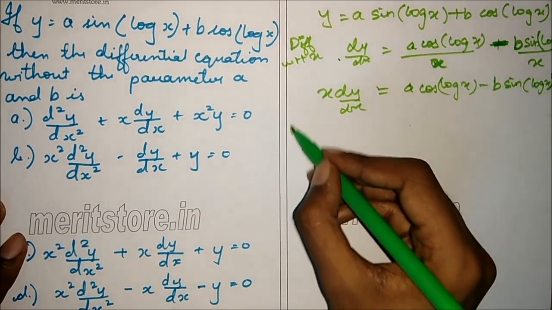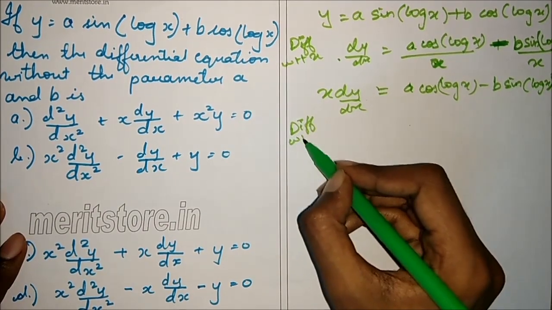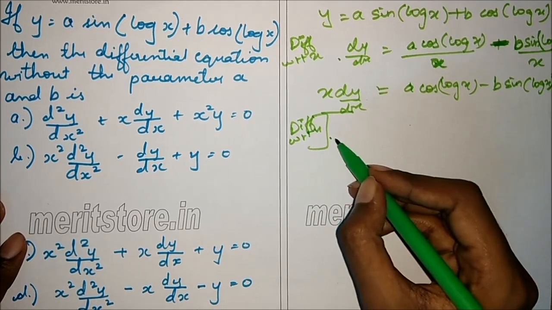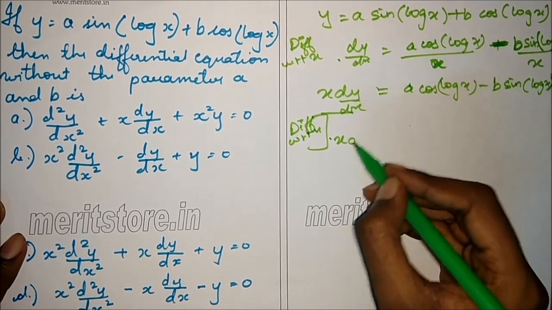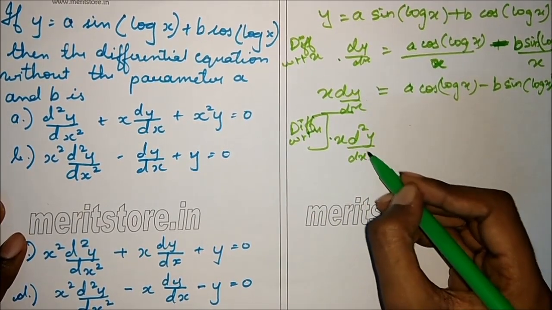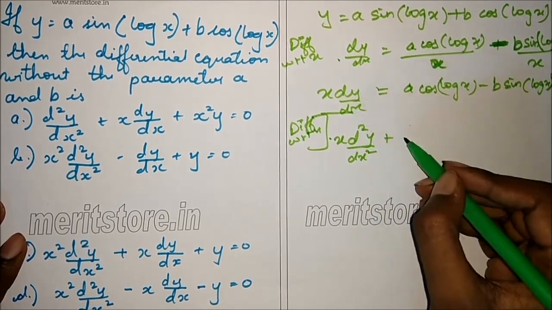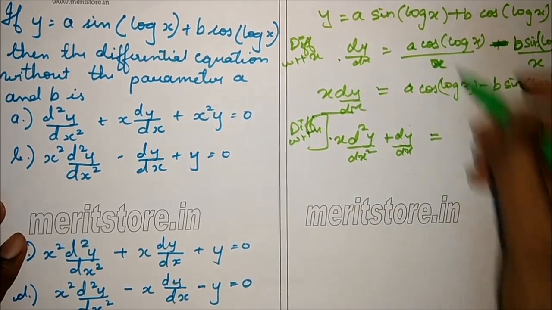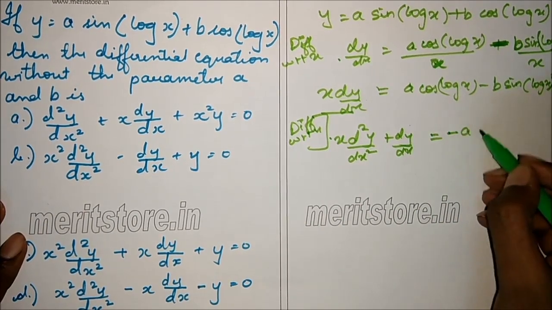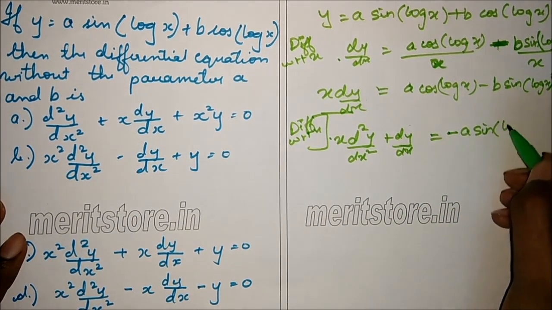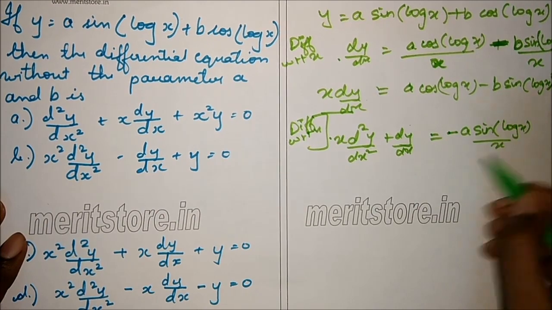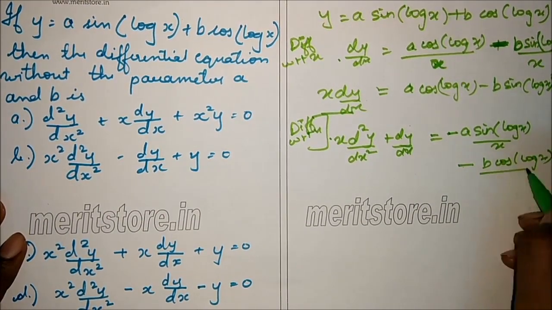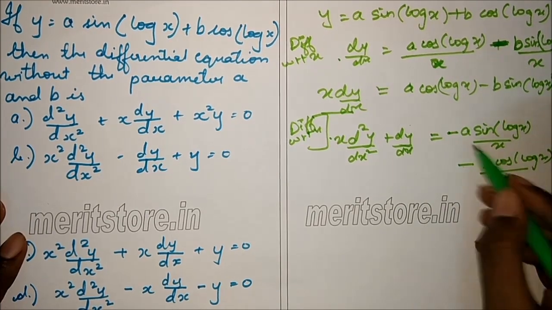Again differentiating it with respect to x. Now this is in the form of u into v. So this will be x into derivative of u, that is d2y by dx square, plus v into derivative of u, that is dy by dx, equals similar thing. So minus a sin log x by x minus b cos of log x by x. Now we take 1 by x common.